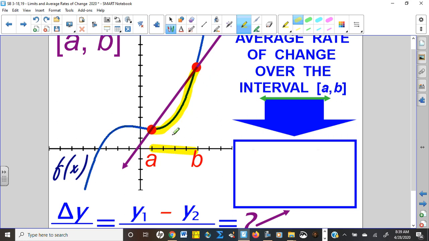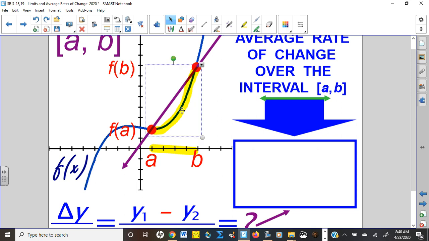But what I can do is take the very first rate of change at A, where I'd be plugging A into f of x to figure out the y value. So let's just call it f of A, okay? And then, of course, the y value for point B would be f of B. So the rate of change as we move from the point A, f of A, to the point B, f of B, is really just that purple line, that slope, which I guess I revealed a little sooner than I wanted to, but it's really just the line itself.